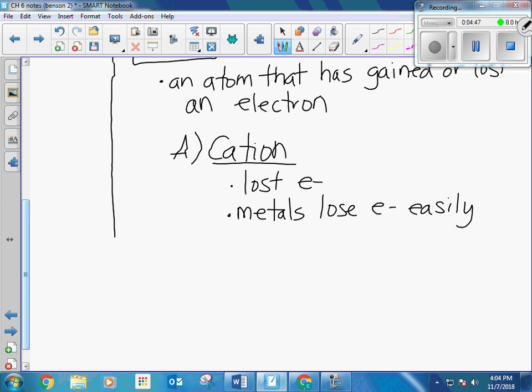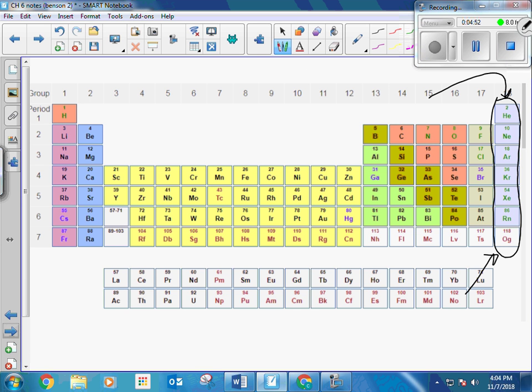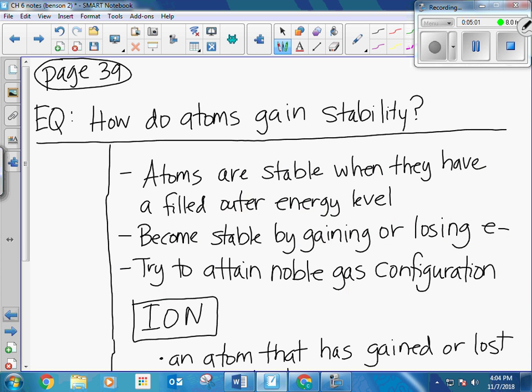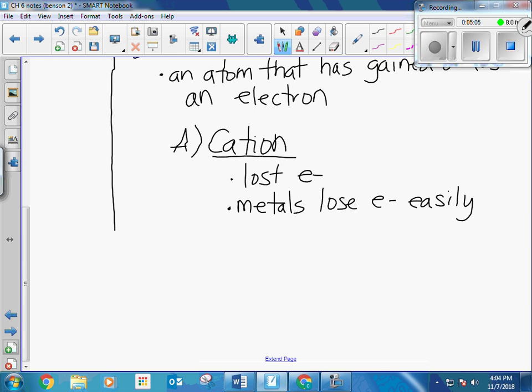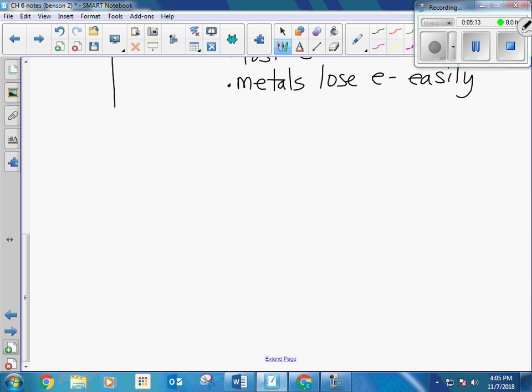So I think we're hopefully looking at our periodic chart, and we are thinking that we have metals on this side of the chart, and they are the ones that want to lose their electrons very easily to become like the noble gases. And remember our home run, what they're trying to do is look like a noble gas in terms of stability.